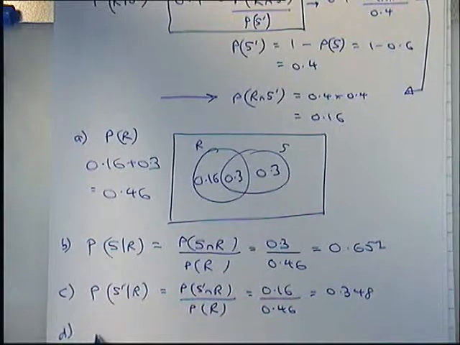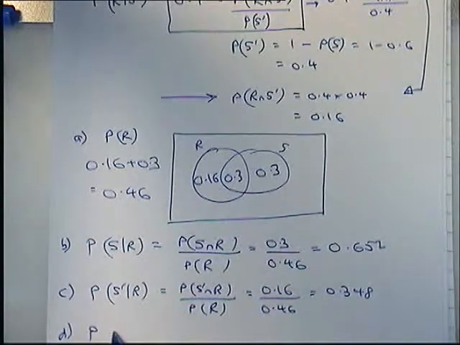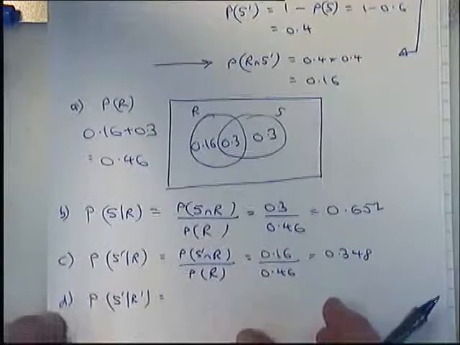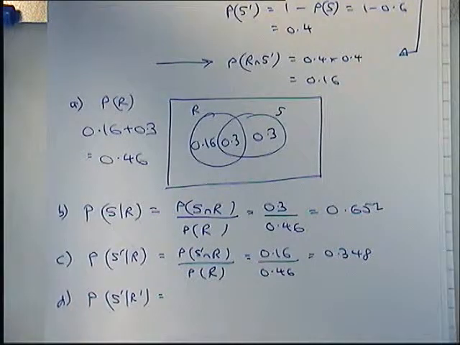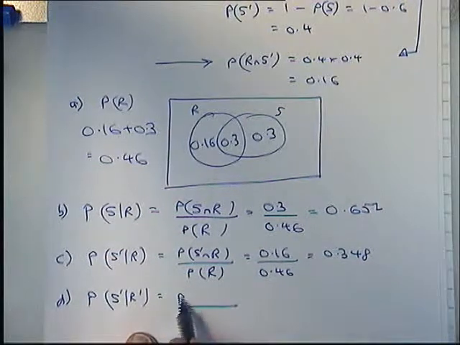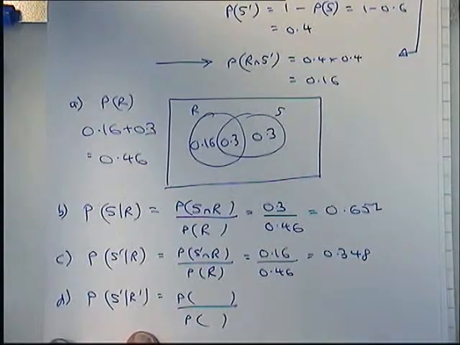And the final bit, off the top of the screen, was not S given not R. Sunny, can you do the formula bit for me, please? Is it the same as the top but with the dash for R?